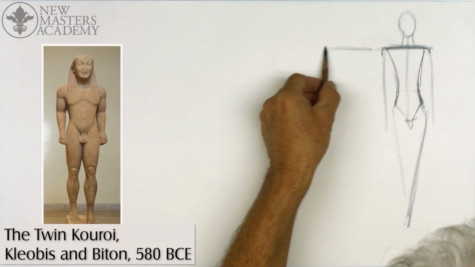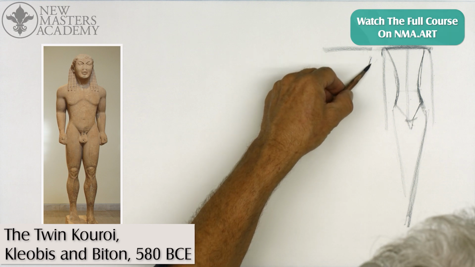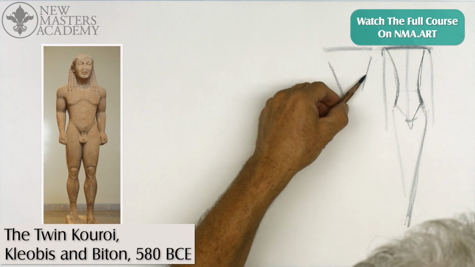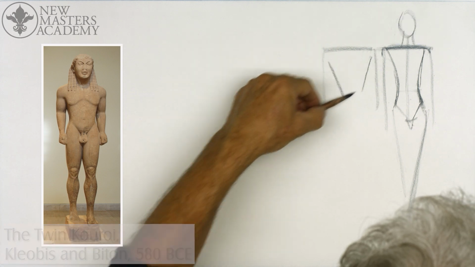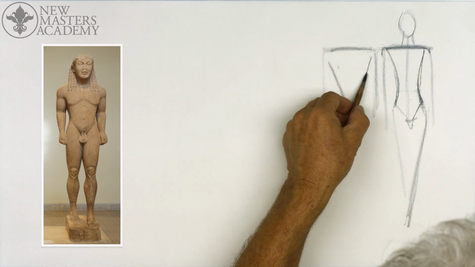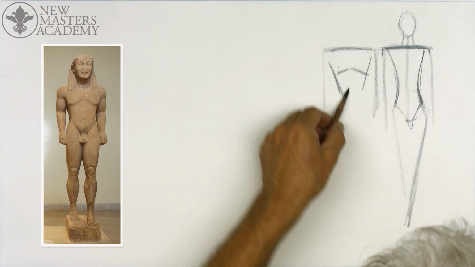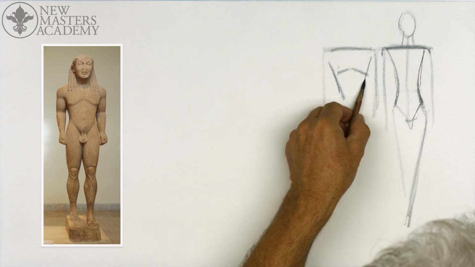We see the development of that. This begins to be broader. Still here, we still have this. We keep it really simple. There's more pitch in the chest. We're coming down as we hit the waistline.